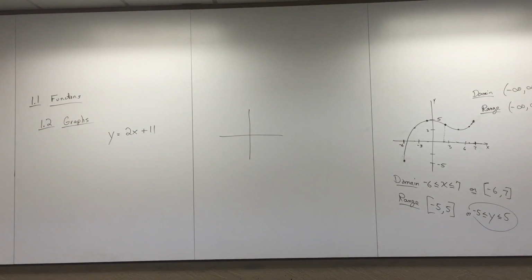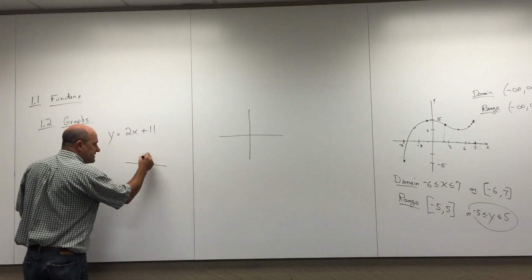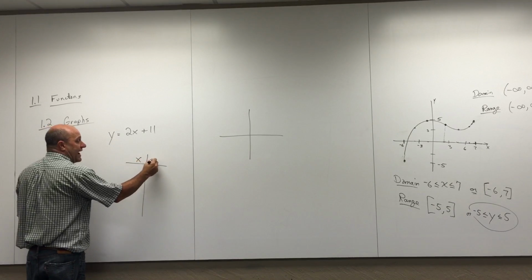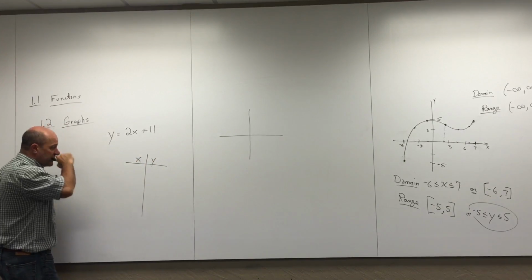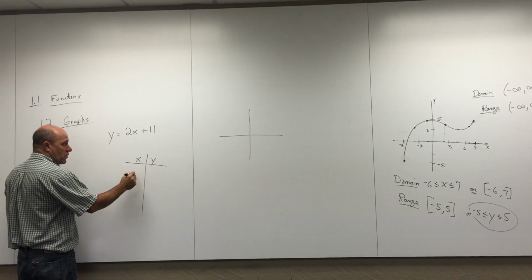I think the homework makes you do this. Maybe they give you a chart and say plot some points or plug in some numbers. Again, maybe a negative number would be good.